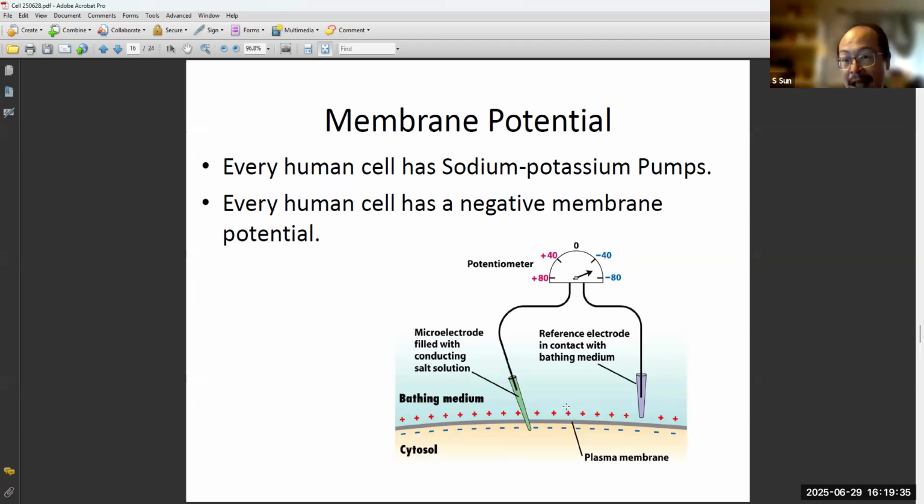That will send a signal to surrounding cells, and then they will return back to negative again. So they depolarize and then repolarize. This action is called an action potential. Excitable cells change their potential to create an action potential.